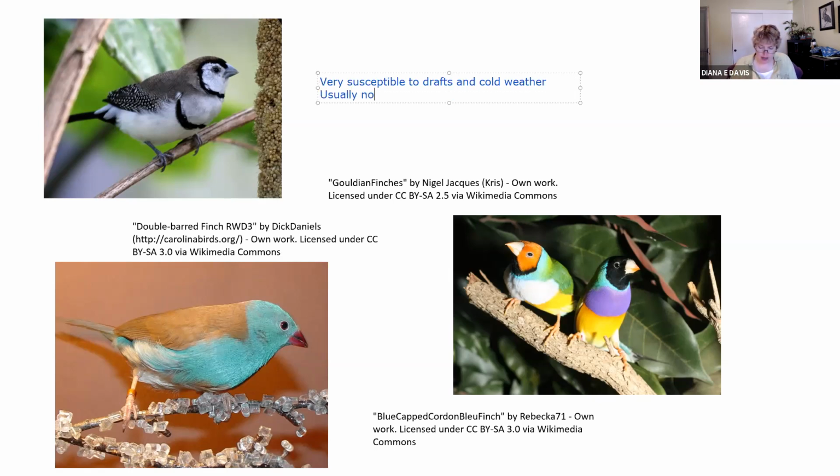They're often not handled. So vet visits can be dangerously stressful. These are birds that, if they're not used to being handled, they can die from being handled.